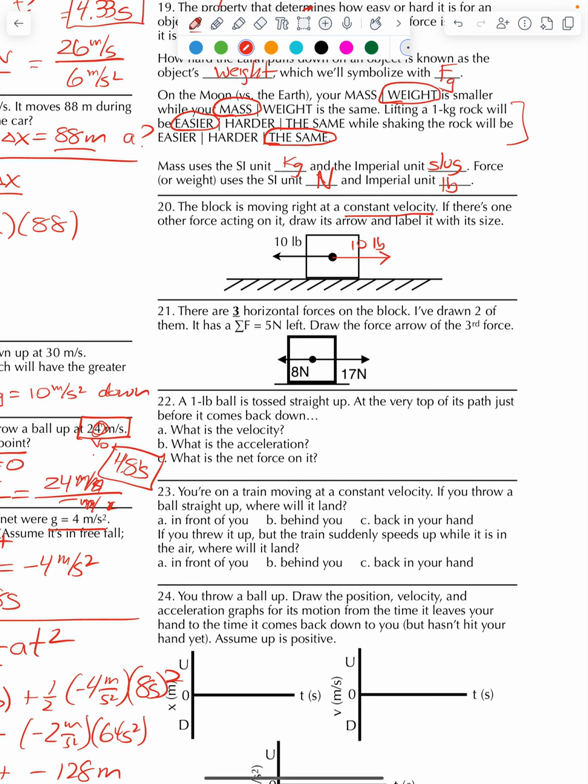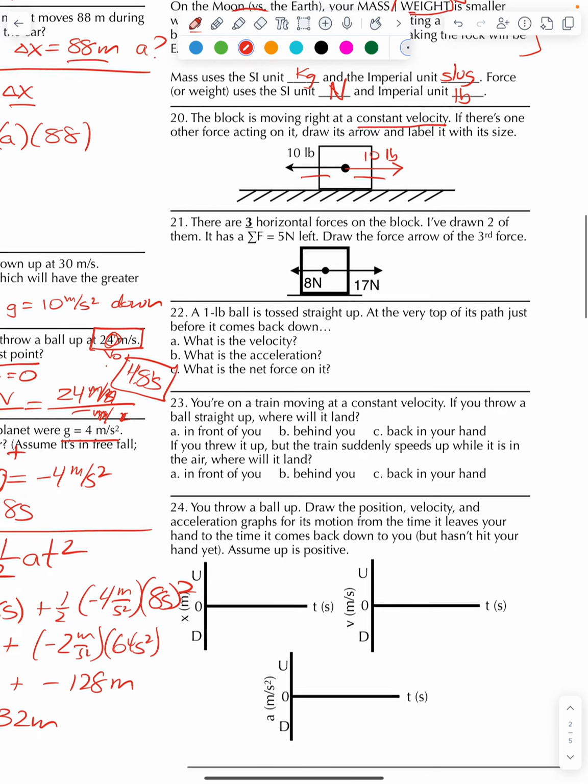But it would be moving at constant velocity. So having the net force equal 0, the two arrows canceling, doesn't necessitate that it stopped. It just means it's not going to be changing velocity. So if there's 10 pounds each way, it's either stopped and it stays stopped, or if it's moving, it's going to keep moving with the same velocity. I hope that made sense.